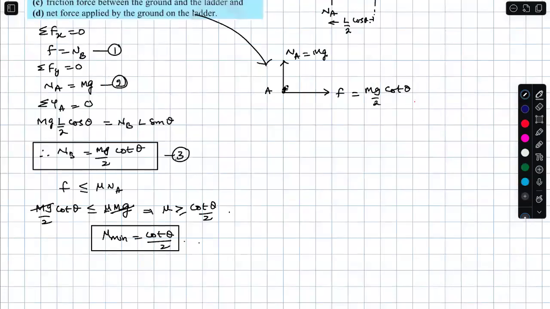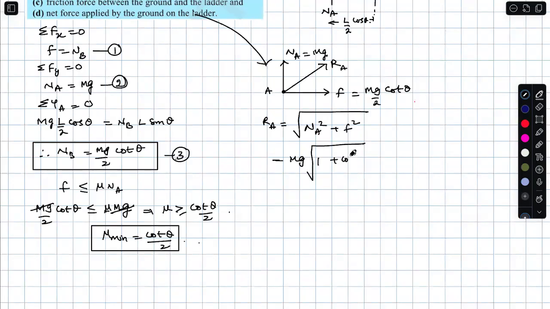So you want the resultant of these forces. This is the resultant force. So the resultant force is the square root of NA square plus F square, with mg common, so root of 1 plus cot square theta by 4. Any doubts?